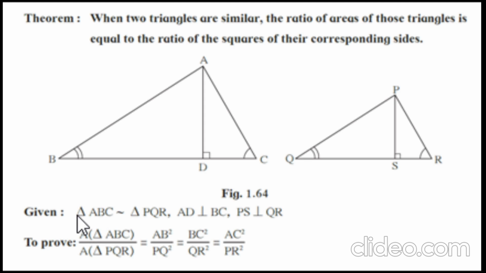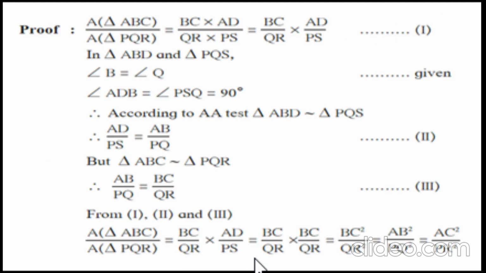Now what is given? Triangle ABC is similar to triangle PQR, and AD is perpendicular to BC, PS is perpendicular to QR. We have to prove that area of triangle ABC upon area of triangle PQR is equal to AB square upon PQ square, BC square upon QR square, AC square upon PR square. Now, area of triangle ABC upon area of triangle PQR is equal to BC into AD upon QR into PS.